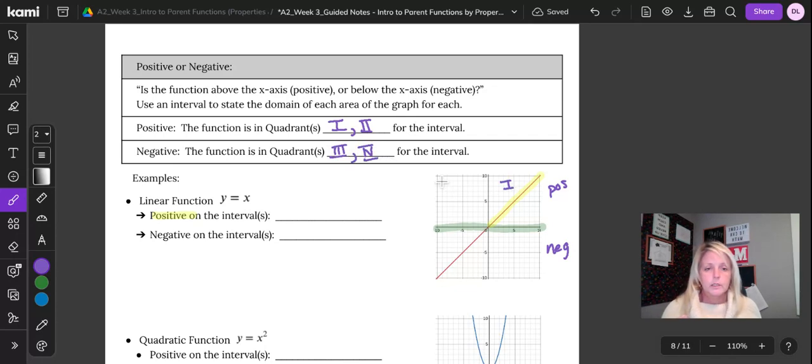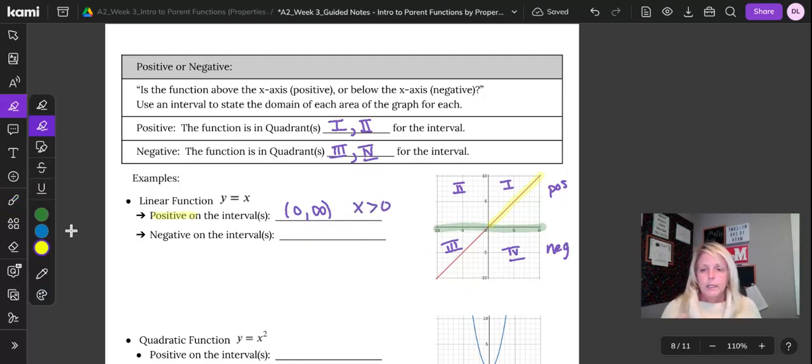And remember, they go like this: 1, 2, 3, and 4, so around counterclockwise. Okay, so we're positive on the interval of, let's see, 0 to infinity, or you could say x was greater than 0.